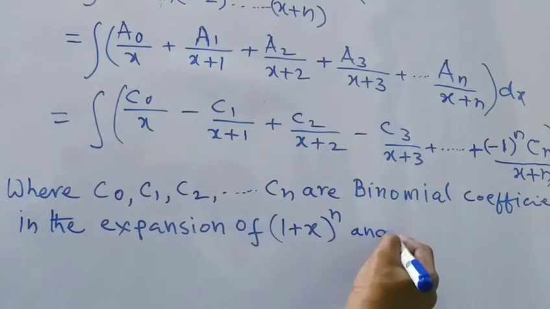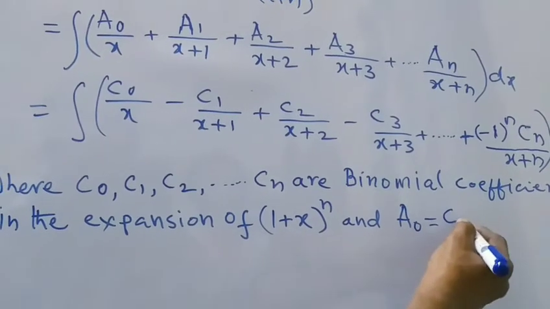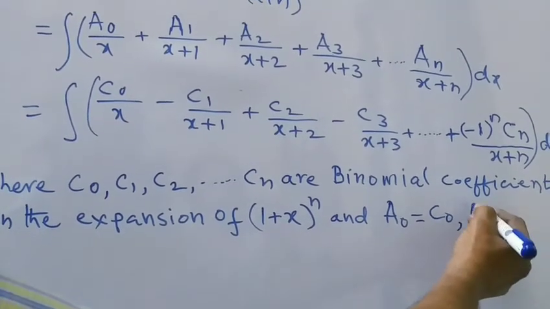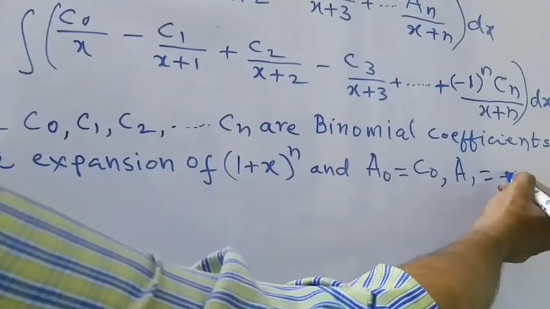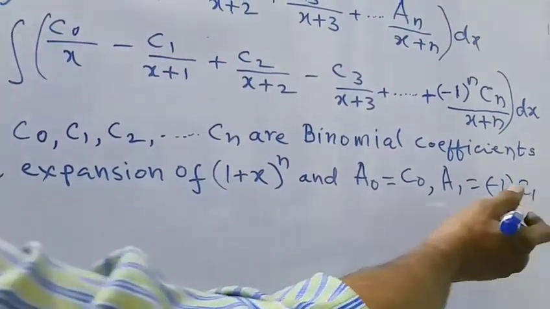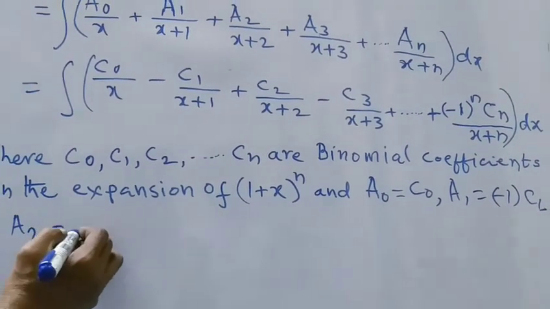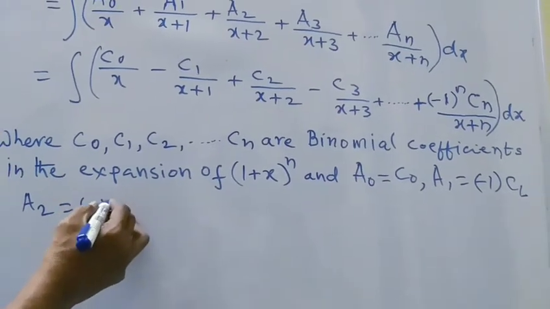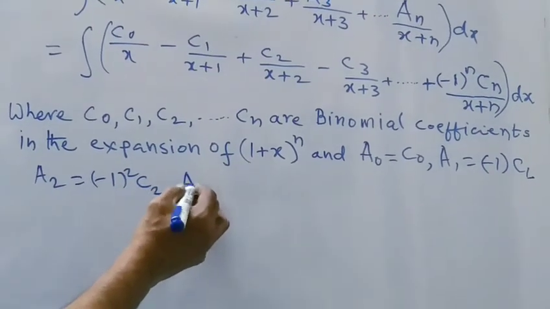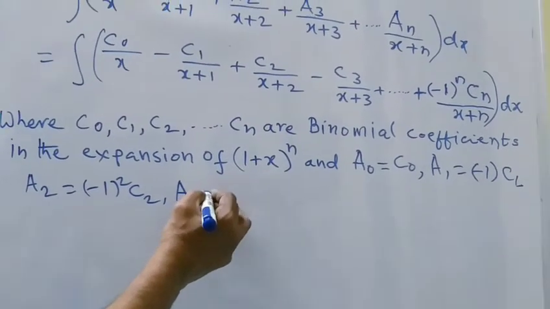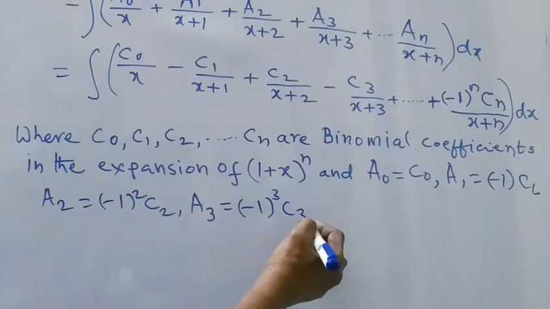And A0 is equal to C0, A1 is equal to minus 1 into C1, A2 is equal to minus 1 whole square into C2, A3 is equal to minus 1 whole cube into C3 and so on.